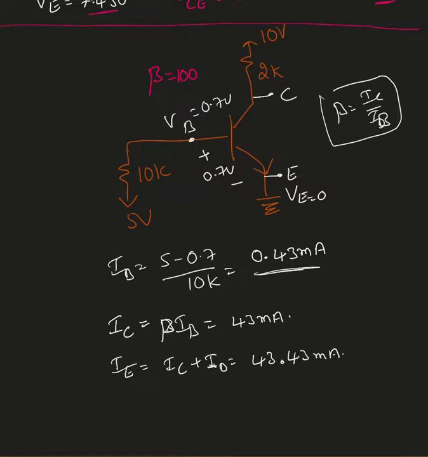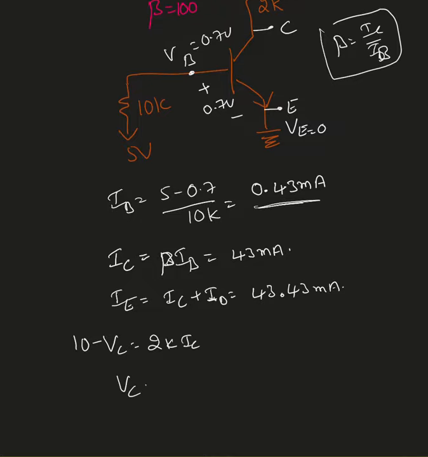Now based on this I can find the VC value. I know this current is IC, so VC must be 10 minus 2k times IC. What is IC? We end up with 43 milliampere. So it's a negative number.